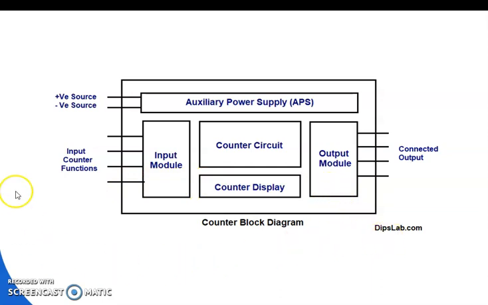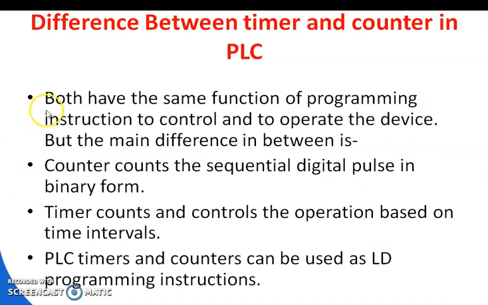Then, difference between the timer and counter in PLC. Both have the same functions of programming instructions to control and to operate the device, but the main difference is, first one, counter counts the sequential digital pulse in binary form.